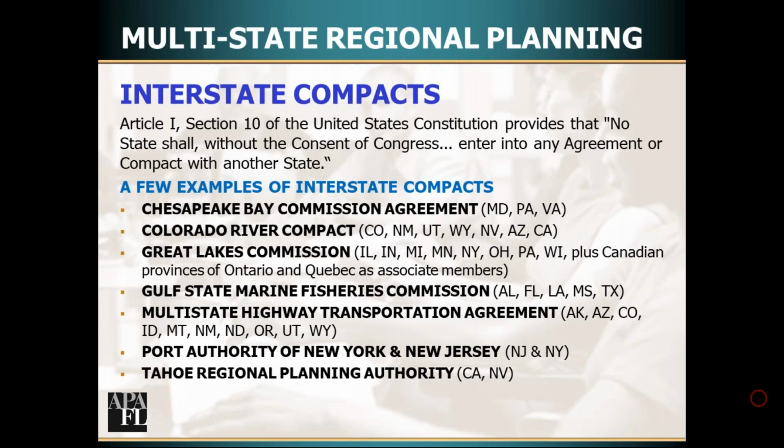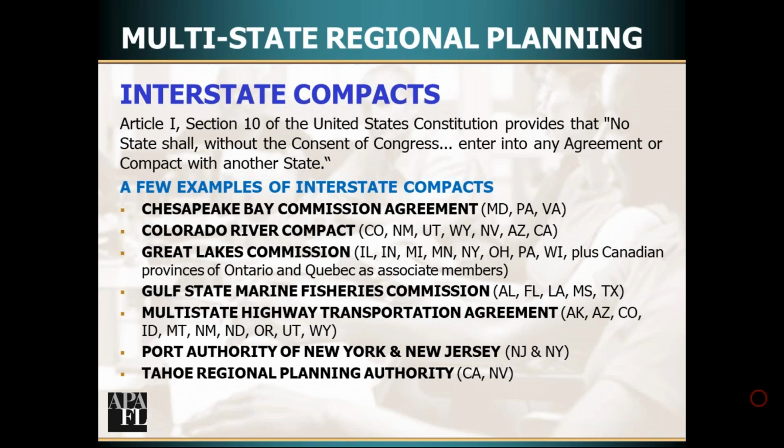There's a series of interstate compacts. Basically, the Constitution says no state shall, without the consent of Congress, this is why the feds get involved, enter into any agreement or compact with another state. So when you do things like the Tahoe Regional Planning Agency that takes a compact, you trigger the Constitution, and here's some examples of those.